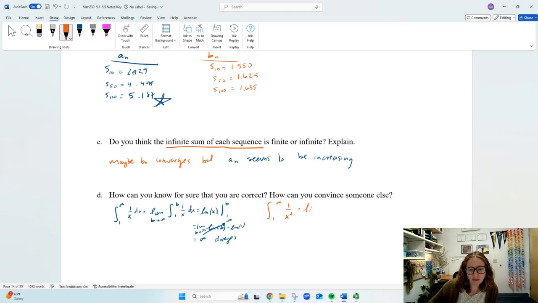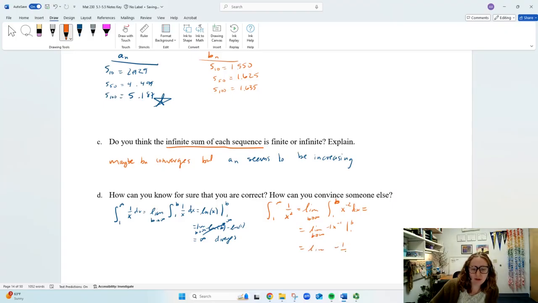The same type of thing over here. If I take my limit as b approaches infinity of the integral from 1 to b of 1 over x squared, which I can rewrite like this, and take my integral of that, that would be x to the -1 over -1. Plug in my b, plug in my 1.